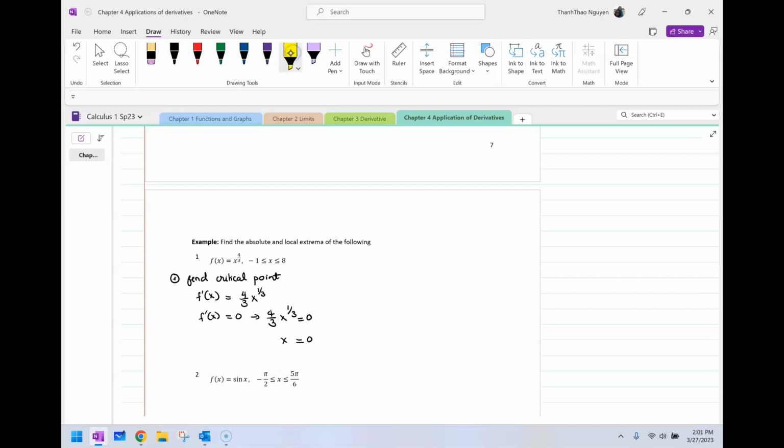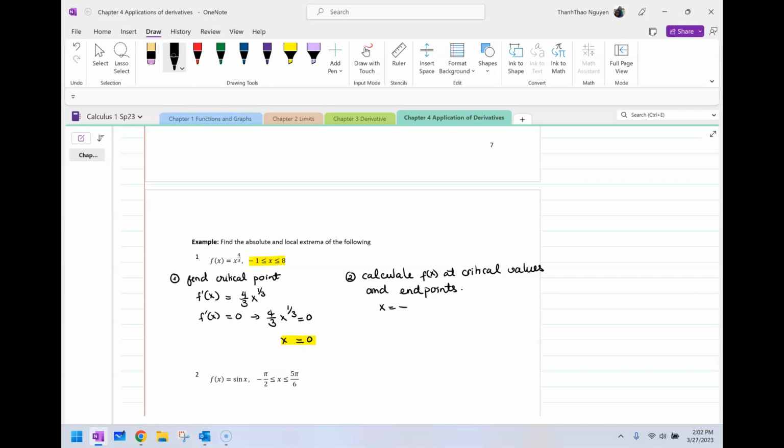Now we want to take a look at the extrema of the graph within this interval from -1 to 8, and we have 0. So we need to test what the values are at those critical points. We calculate f of x at the critical value and endpoints.